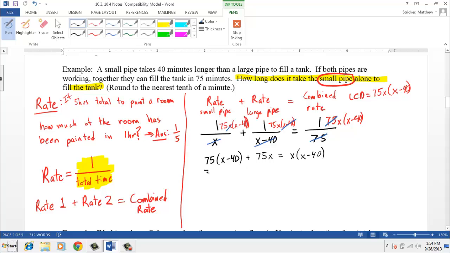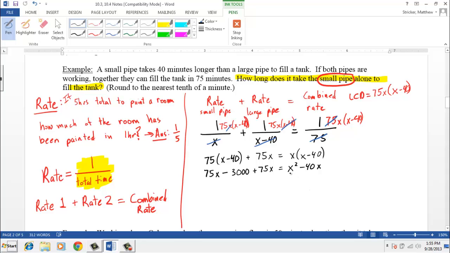And we want to distribute, so we have 75x minus 75 times 40, which is what? 75 times 40 is 3,000, plus 75x equals x squared minus 40x.